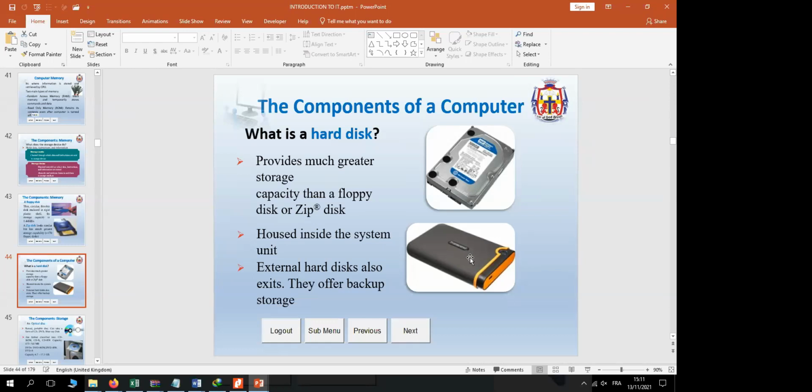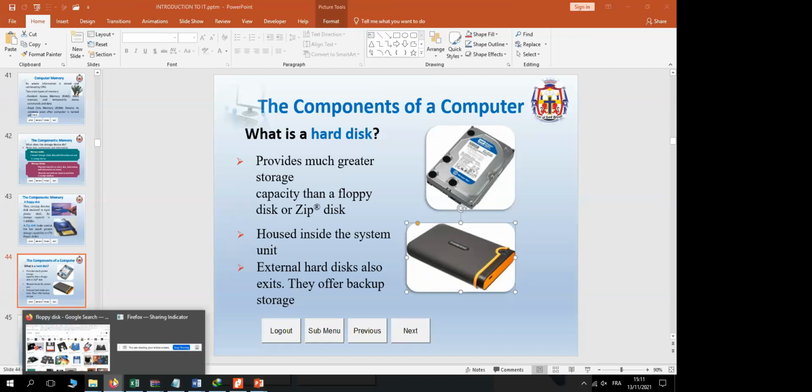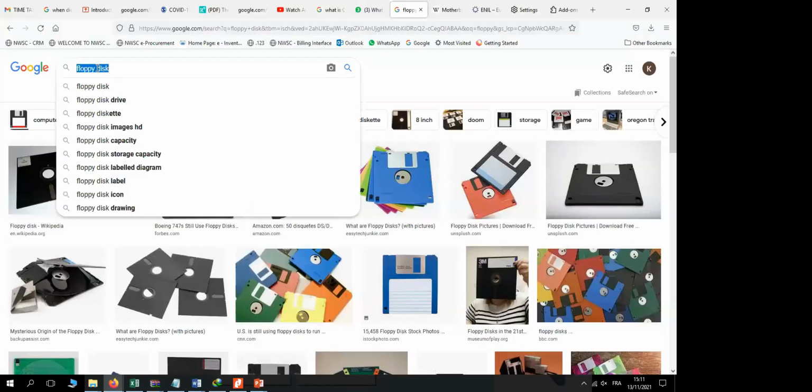So this is an external hard drive. Actually, let me go to the internet and try looking it up so that people are able to have a physical feel.